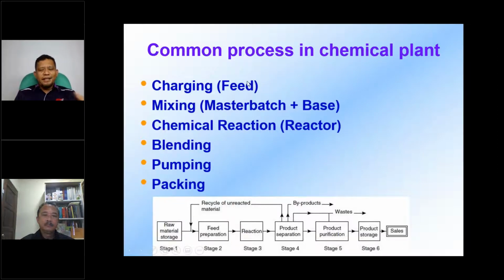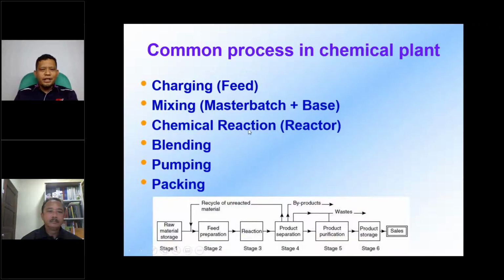Charging is actually feeding chemical A with chemical B. Then mixing, where we mix chemical A and chemical B, maybe in one of the mixing tanks. Then we have the common process we call a chemical reaction.